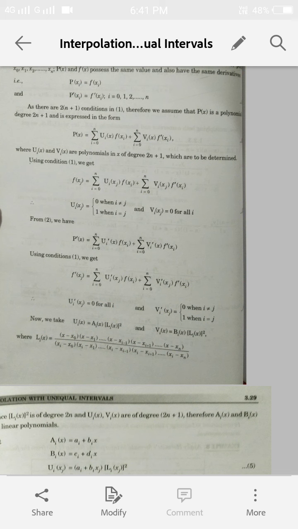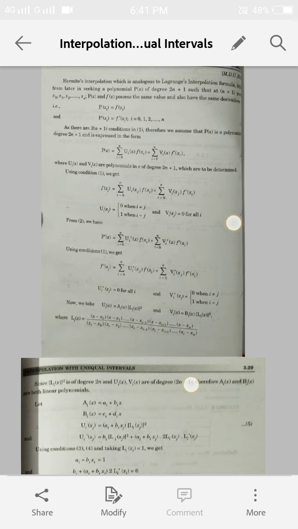Again by using the derivative conditions, and now again using the conditions 1, we can find the values of ui' and vi'. And now we see that ui(x) and vi(x) are again polynomials of degree 2n+1. So we can take ui(x) as ai(x) into Li(x) square and vi(x) as bi(x) into Li(x) square.